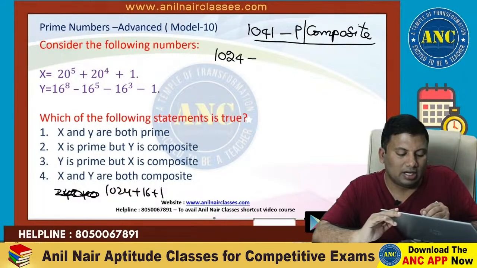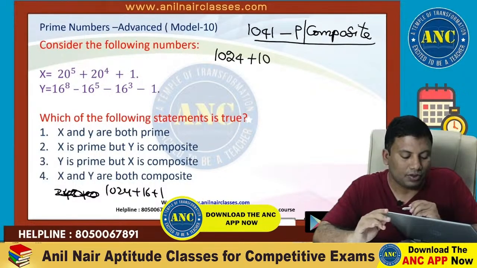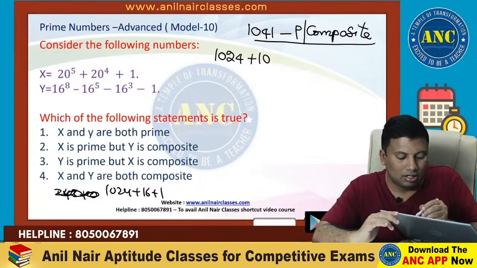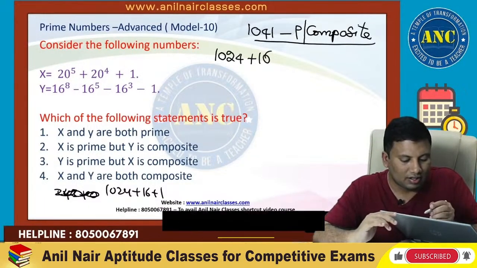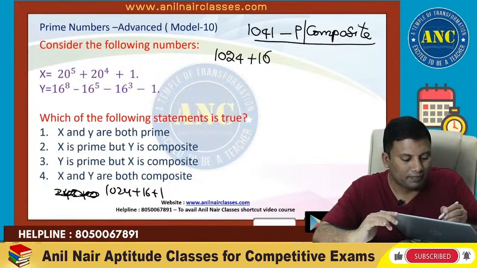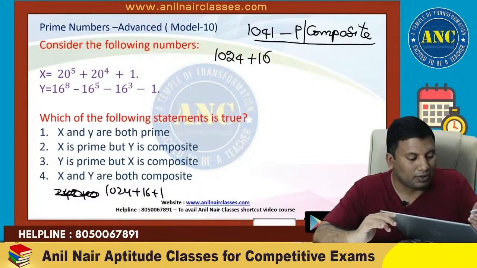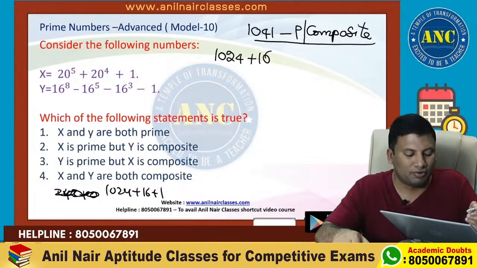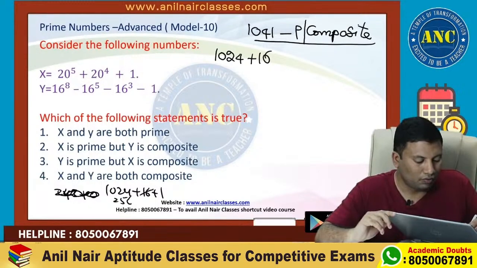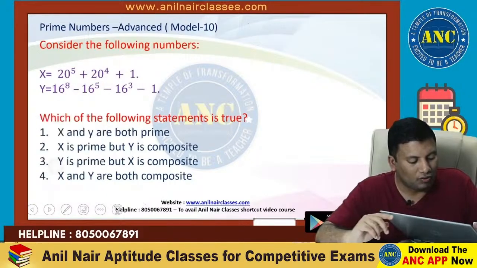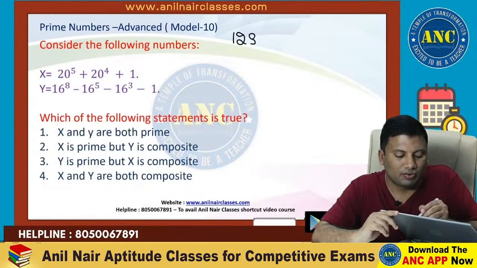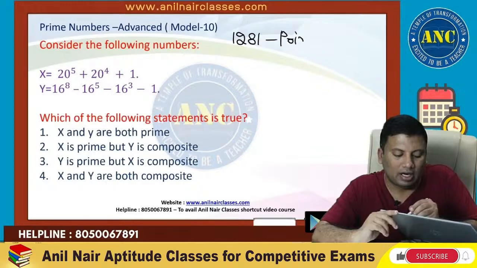It can be written as 1024 plus 16. One minute, what I'll do is take 4 power 4, which is 256. 256 plus 1024 gives 1280, plus 1 is 1281. Let us take 1281. Is 1281 prime or composite?